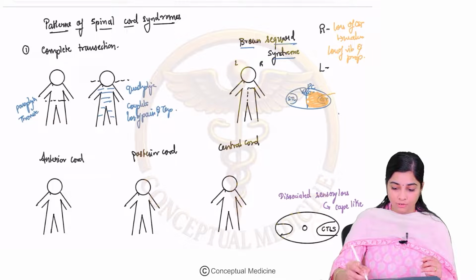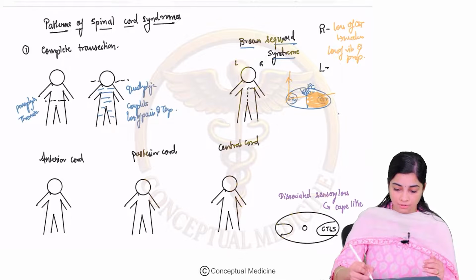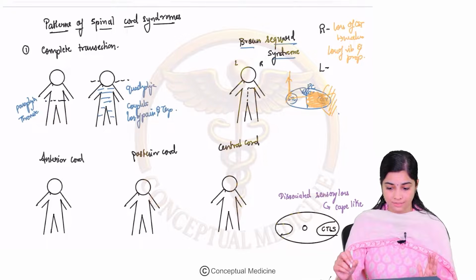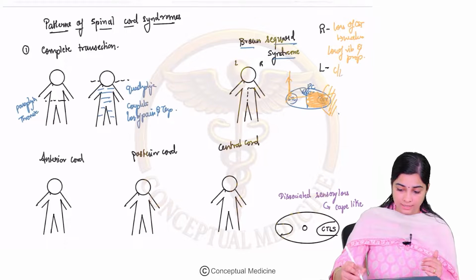But you have the crossed fibers of the right-sided spinothalamic tract, which are not going to be affected. So what will happen? You will have a contralateral hemisensory loss.